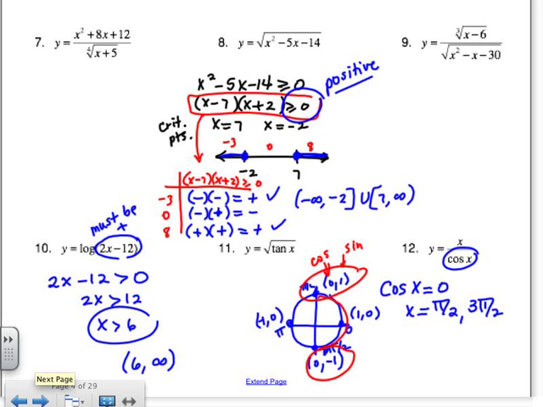So the easiest way to write this is x equals pi over 2 plus pi k. And k can be any integer. So you could actually have negative pi over 2, that's down here, or negative 3 pi over 2, where k is an integer. Okay, so that's all you need to know about domain.